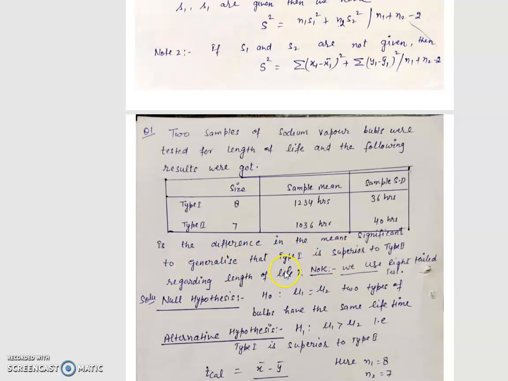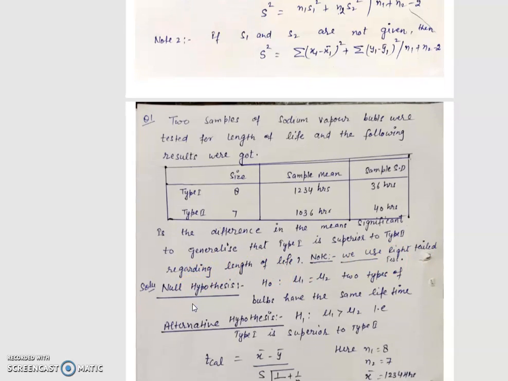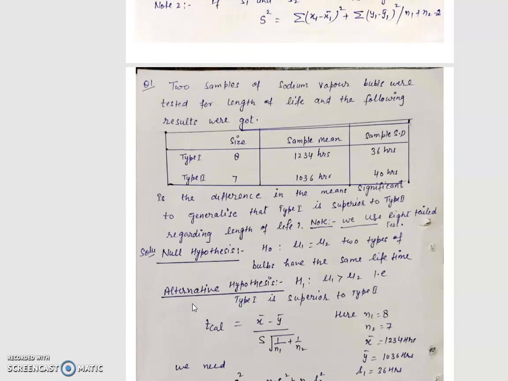In this numerical, note this point that we use right tail test. But first of all we have to assume the null hypothesis. Null hypothesis is denoted by H naught, and this is mu1 equal to mu2.